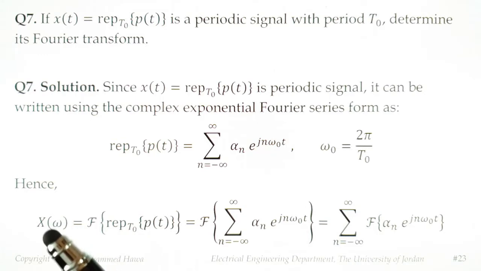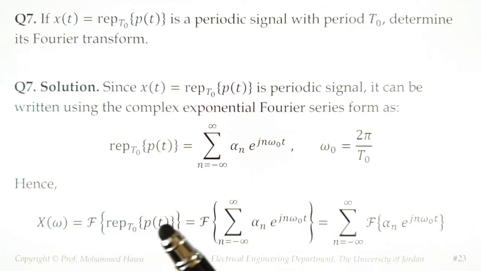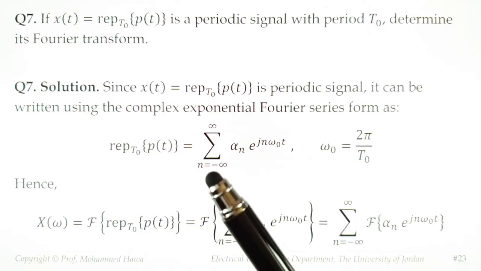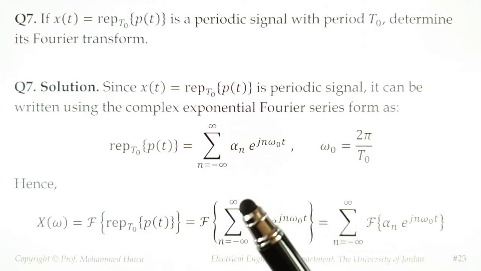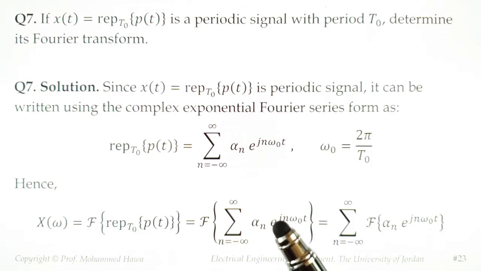Now to find x of omega, the Fourier transform of the repeated b of t signal, we need to find the Fourier transform of the equivalent, which is the sum from minus infinity to infinity, alpha n e to j n omega naught t. The Fourier transform of the sum is the sum of the Fourier transform.